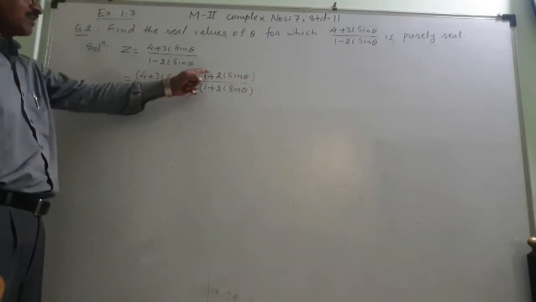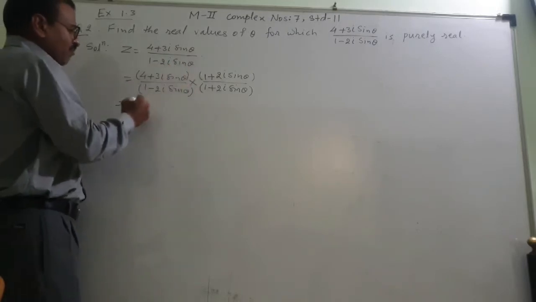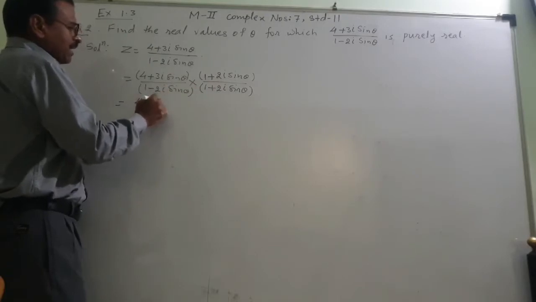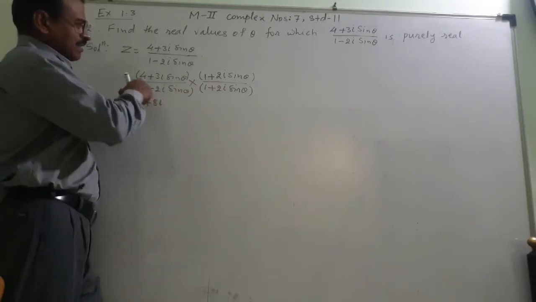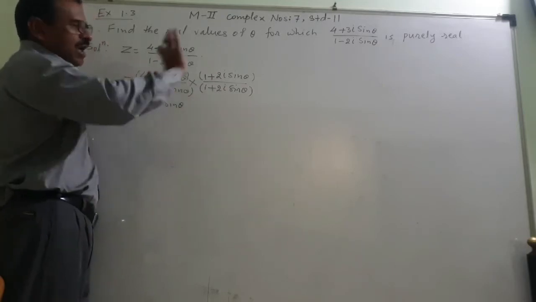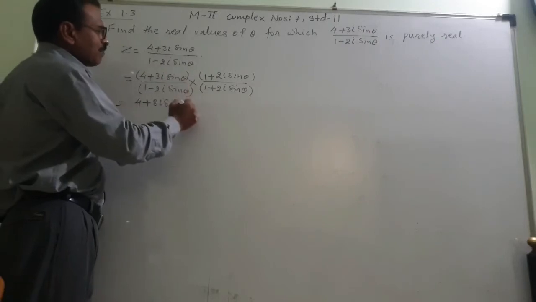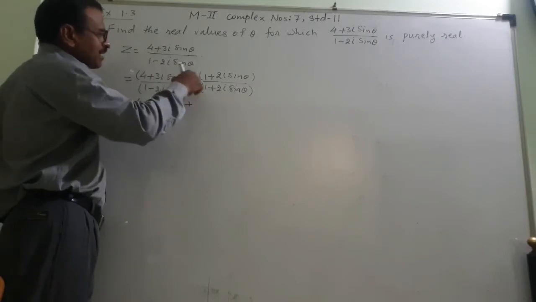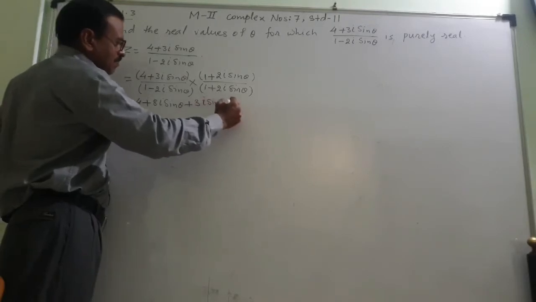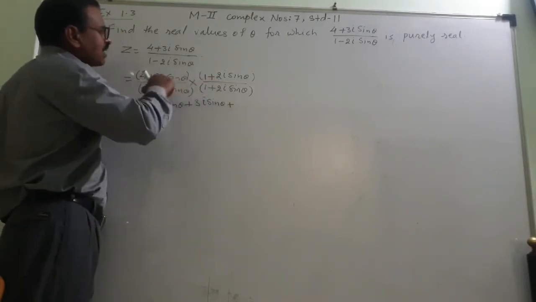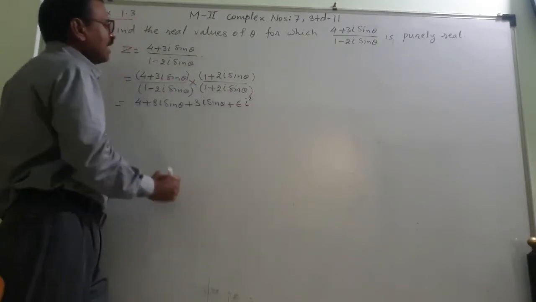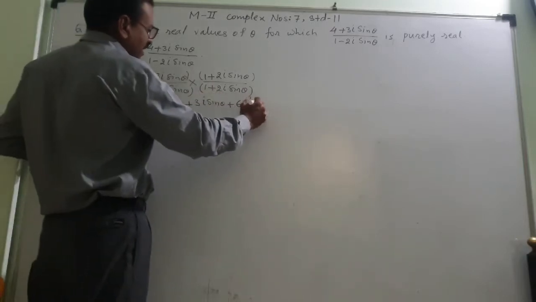Now first of all I will multiply the numerator. 4 ones are 4. Now 4 times 2i sin theta is 8i sin theta. Now by 3i sin theta: 3i sin theta into 1 is 3i sin theta, plus 3i times 2i is 6 i square, and sin into sin is sin square.